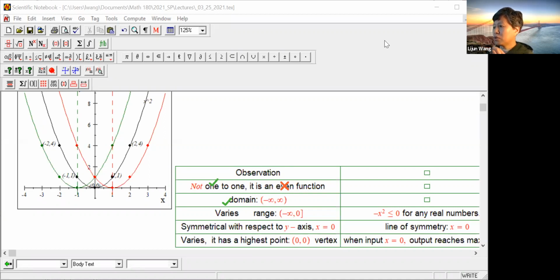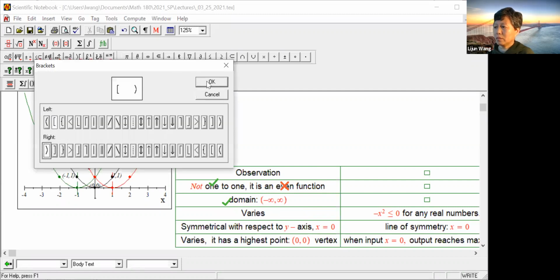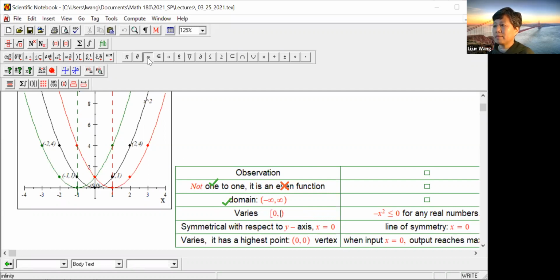The range in this case is still 0 to positive infinity again, because x plus 1 minus 1 squared is going to be greater than or equal to 0 as well. So you can see that the range varies, and there will be more variations as we observe.